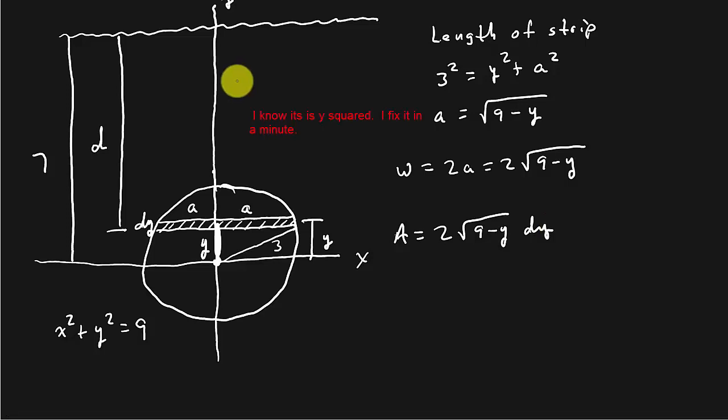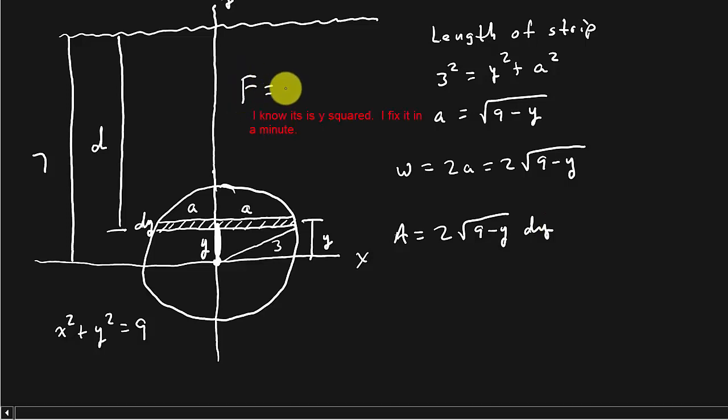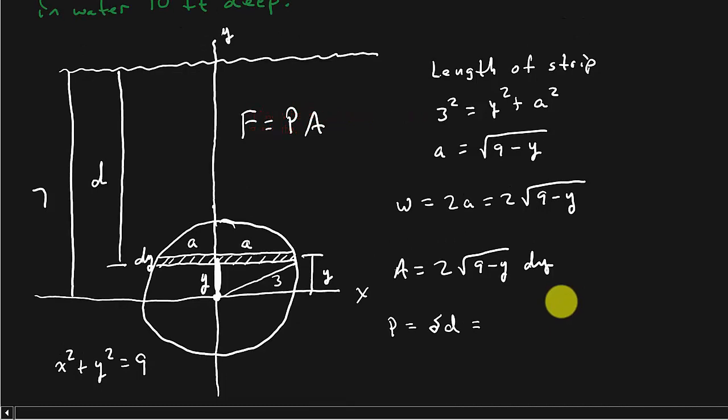Now what do I need? Well, remember, we're looking for force. Remember, force is the pressure times the area. I've already found the area. Now what's the pressure? Well, the pressure is equal to delta times D. In this case, what's delta?